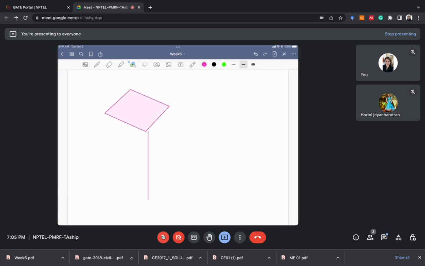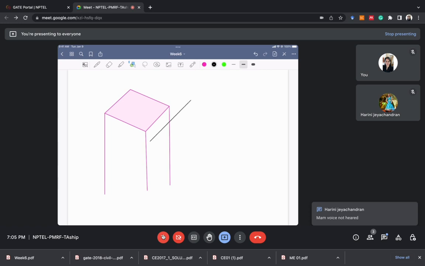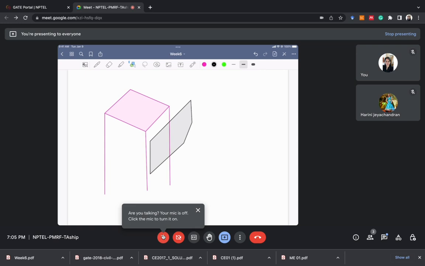So this is the column, and there is one bracket plate which is attached to this column like this. This plate is attached to the column with the help of 4 bolts. So this is the scenario.